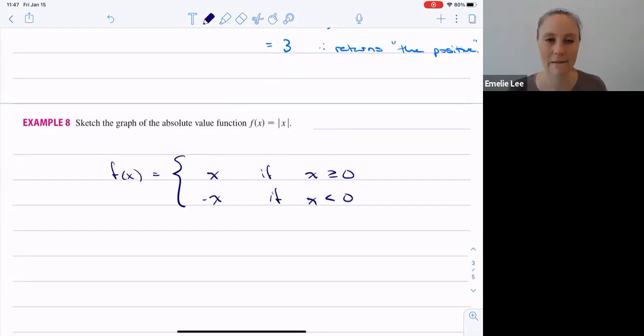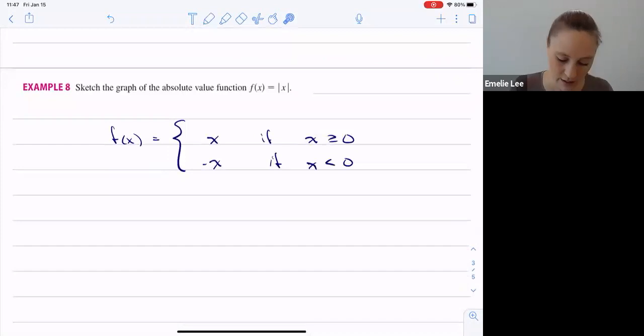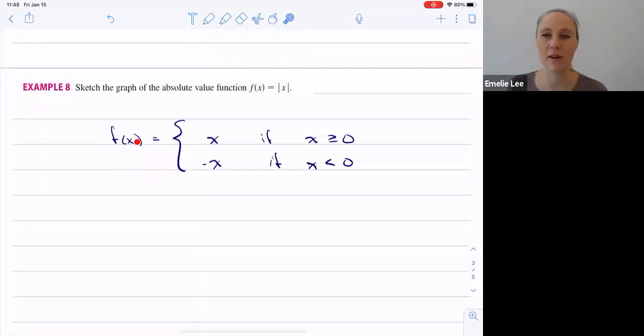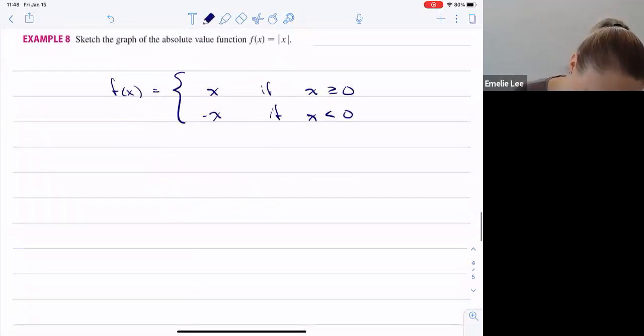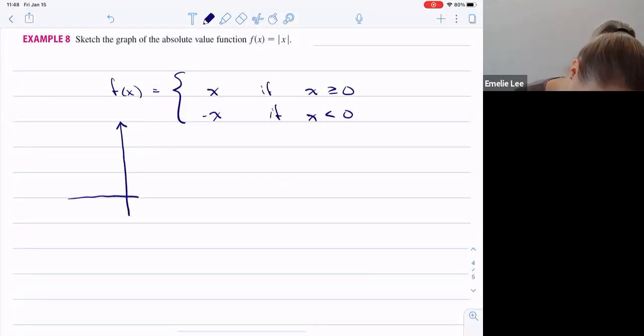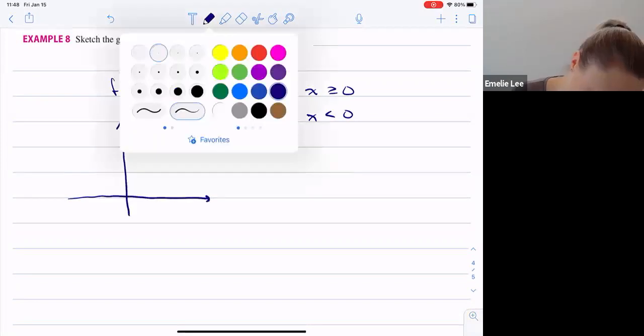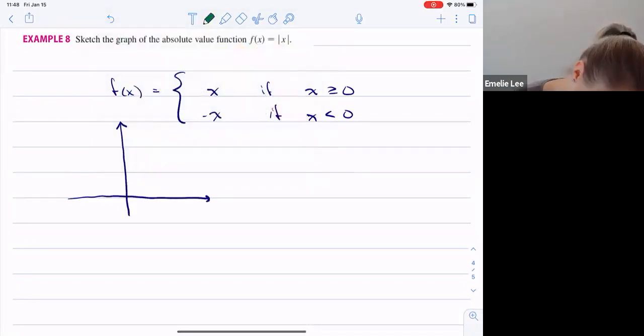Okay. So really here, remember you can swap out f of x and y, right? Y equals x is a straight line, just kind of across the diagonal. So we can draw that first. Y equals x.